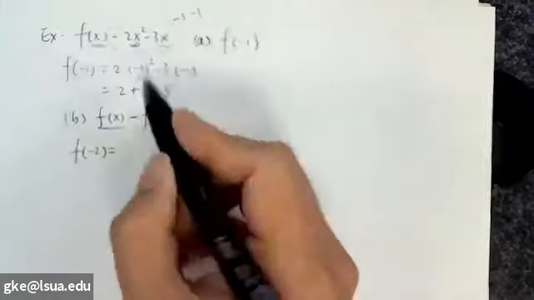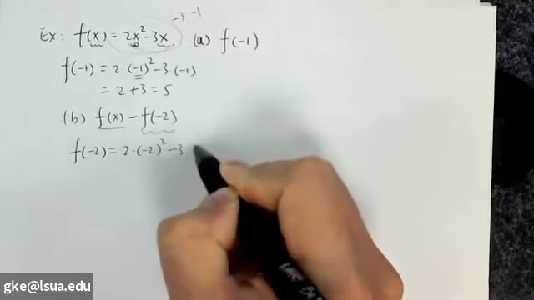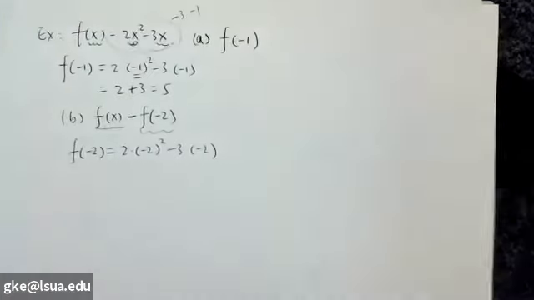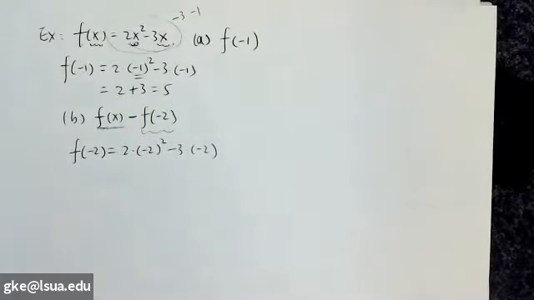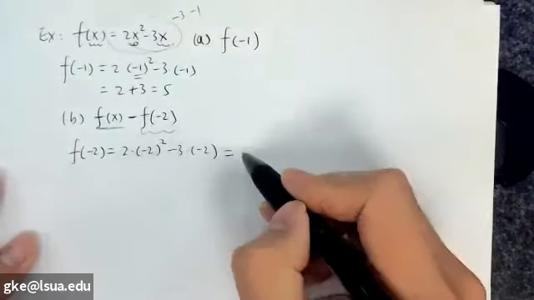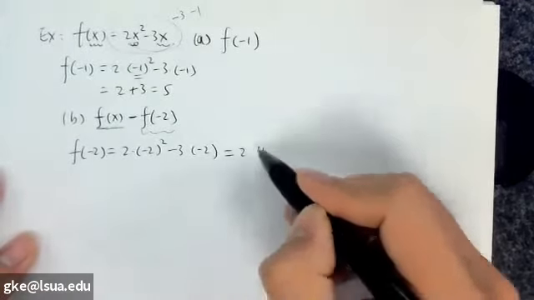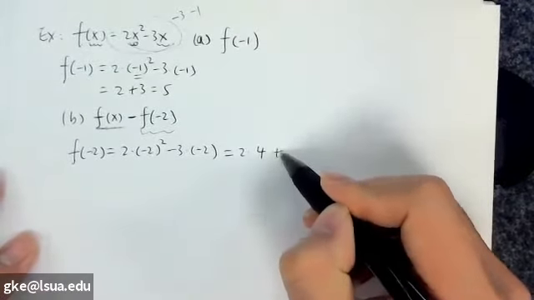So we have 2 times negative 2 squared, minus 3 times negative 2. Just plug in negative 2 for x. So we have 2 times 4, and negative 3 times negative 2 is 6.